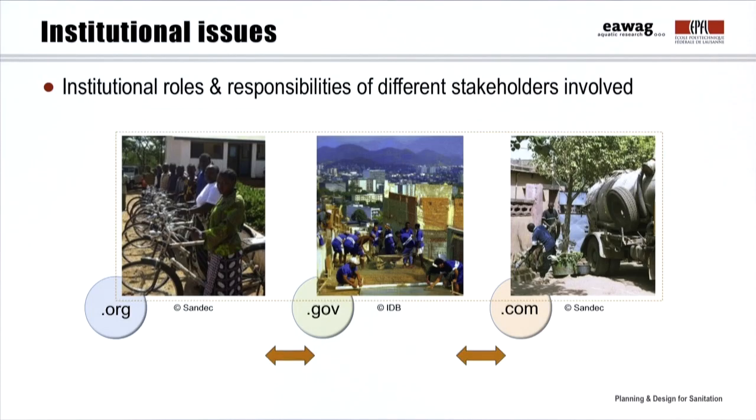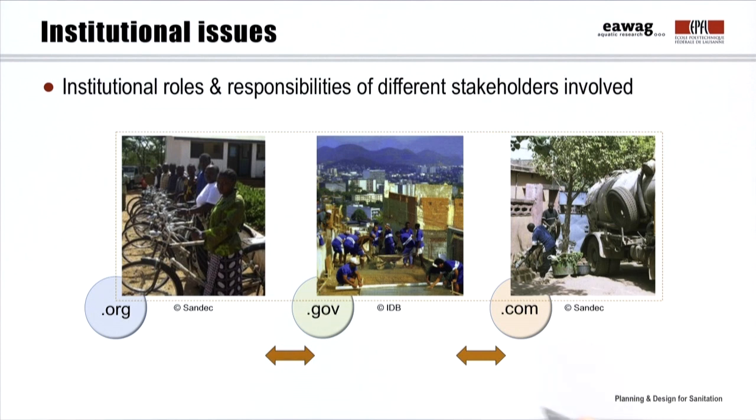A key concern of CLUES is about clarifying the roles and responsibilities of the different stakeholders involved. In most countries, this means a mix of civic or .org, public, .gov, and private .com stakeholders that all have a role to play and need better arrangements for effective service delivery.